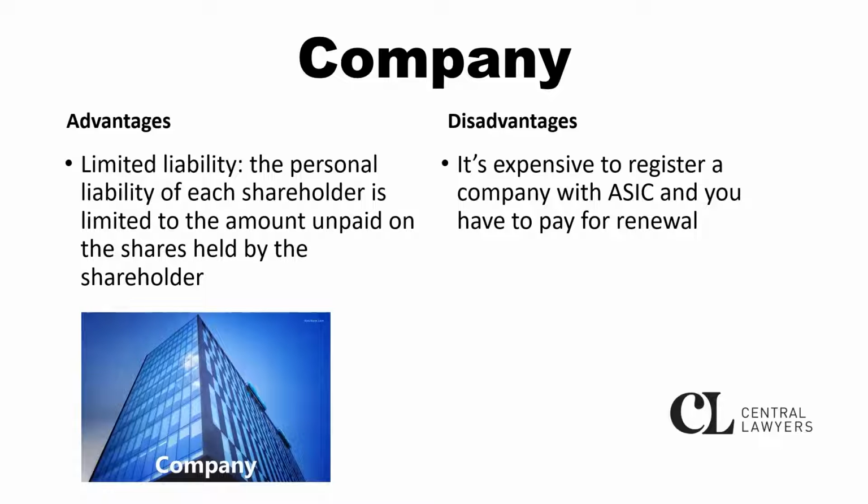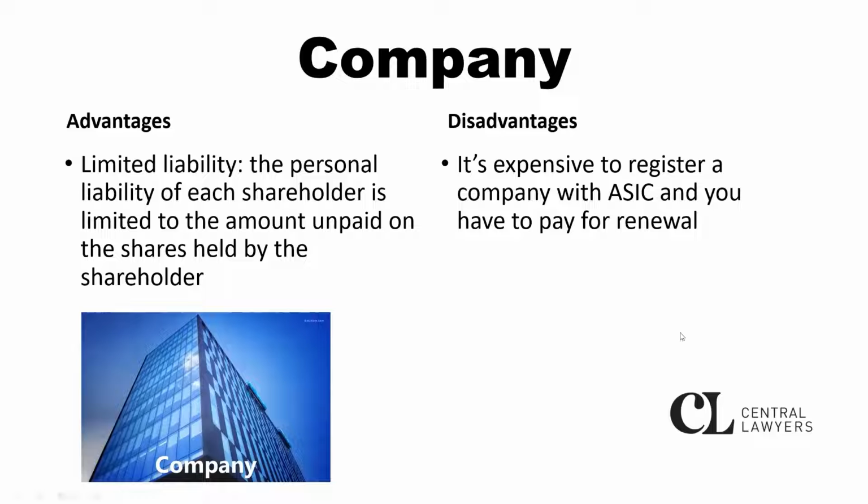But the disadvantages are that it is expensive to get started. I think the fee is about $512 to register your company with ASIC. And as I was saying, a lot of your personal details are on a public register and are recorded for people to look up.